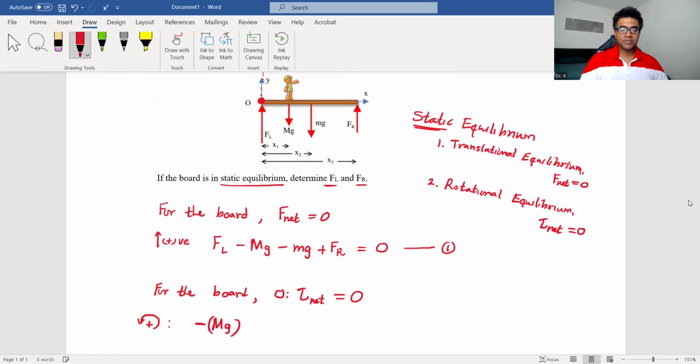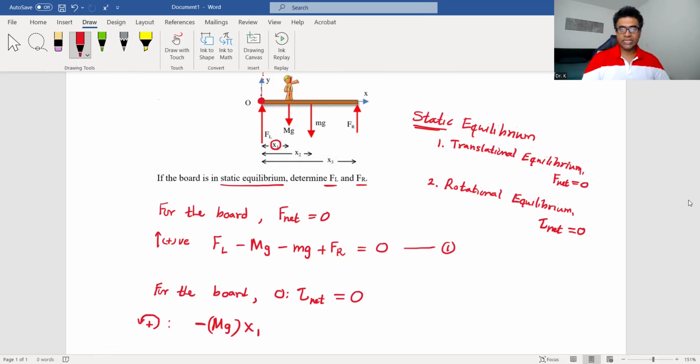Mg times the shortest distance between point O and the line of action of mg. That distance is x1, so I'm going to multiply by x1. That's how you find the torque: multiply the force by the shortest distance between the pivot point and the line of action of that force.